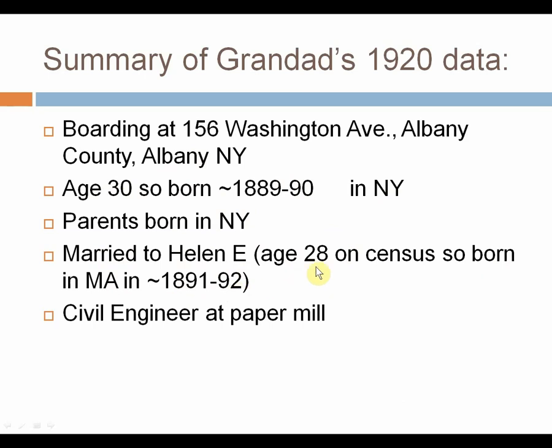Now you'll recall that in the 1930 census, it's listed that she was married at age 29. So censuses are not always consistent or correct. Take them with a grain of salt. He's working as an engineer at a paper mill.